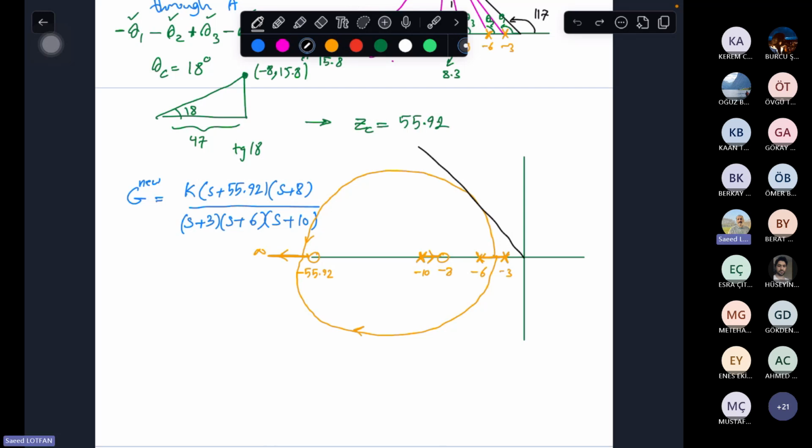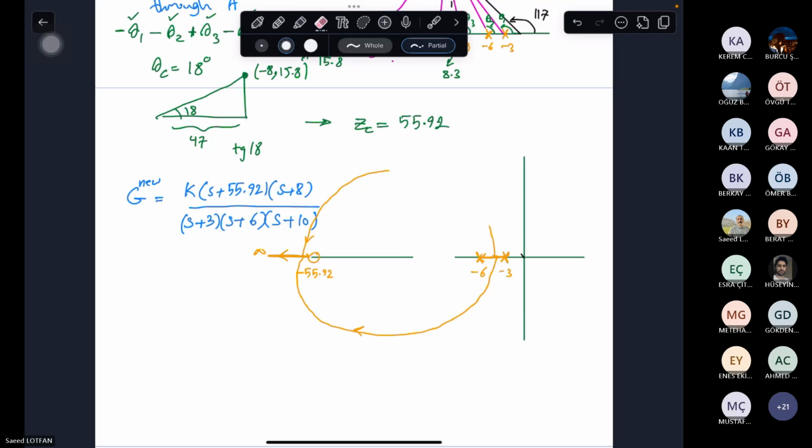Of course, again, I have not drawn it very well. Let me show that. Minus 8, minus 10. So something like this is happening.